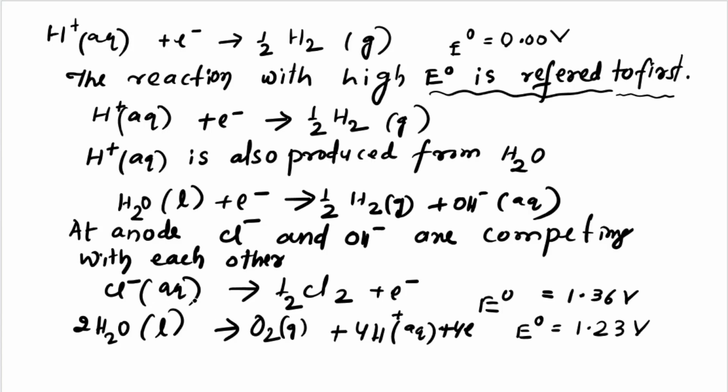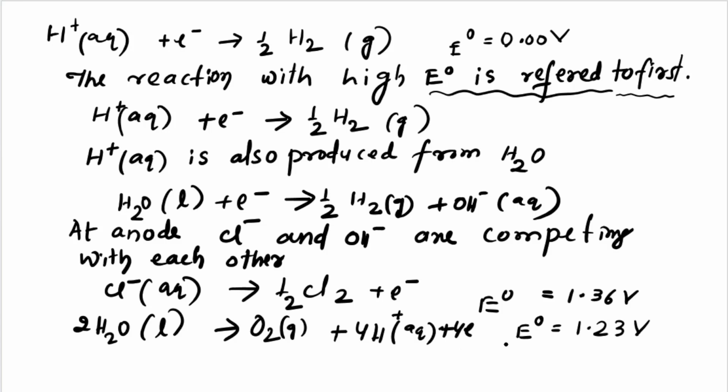Cl minus aqueous gives half Cl2 plus e minus. This one you already know, with E0 equal to 1.36 volts. Similarly, 2 water liquid gives O2 gas, 4 H plus and 4 electrons.